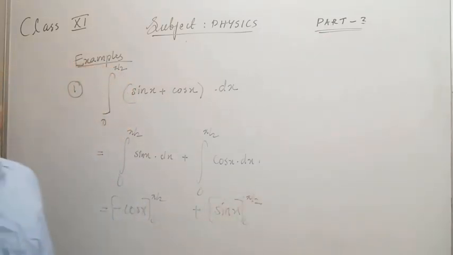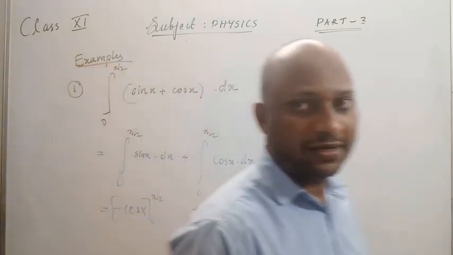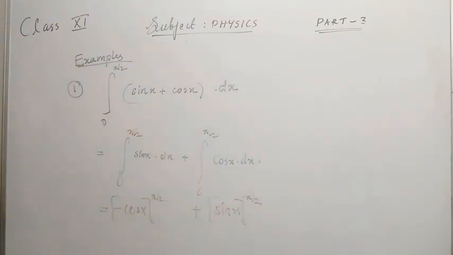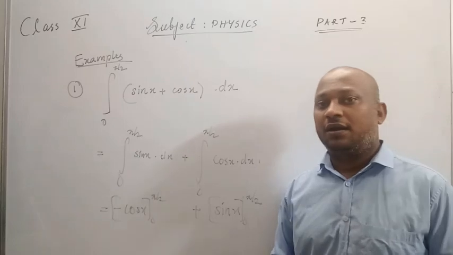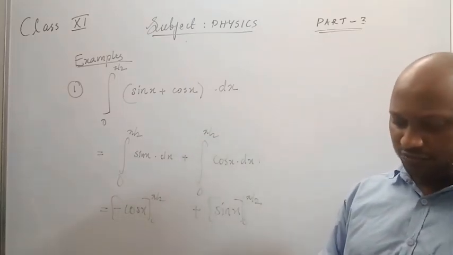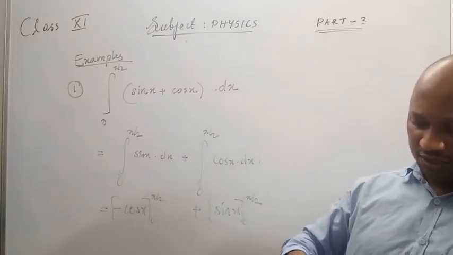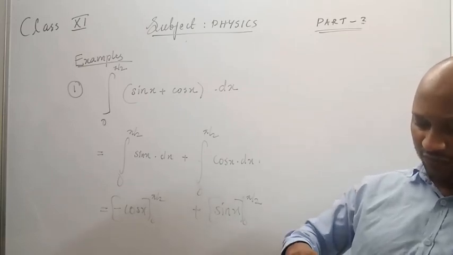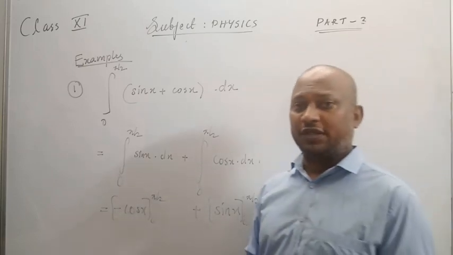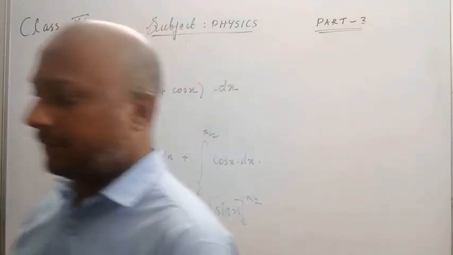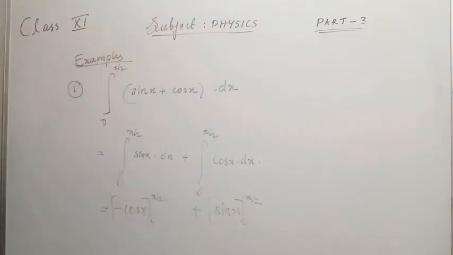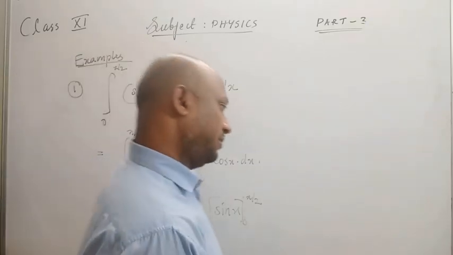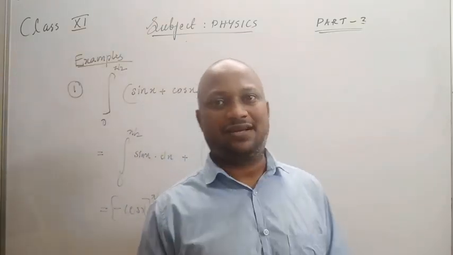And here a few things that you have to understand is how to understand what is this angle pi by 2. What is pi by 2? For that you need basic information of the system of measuring angle.